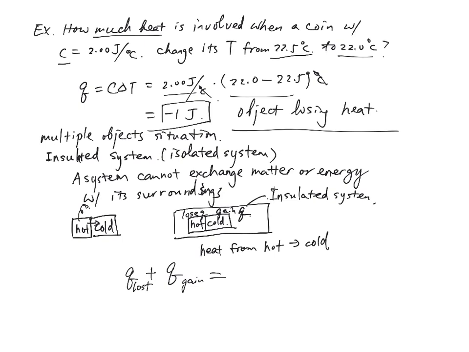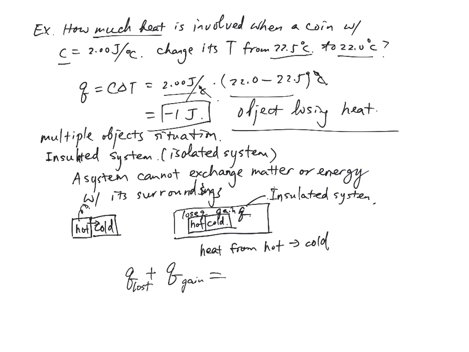conserved, whatever heat your hot object is losing, where does it go? Don't worry about air, don't worry about the countertop. We use the insulated system to block them out. And then you can say, well, all the heat, all the Q the hot object lost, it must have gone to the cold object.